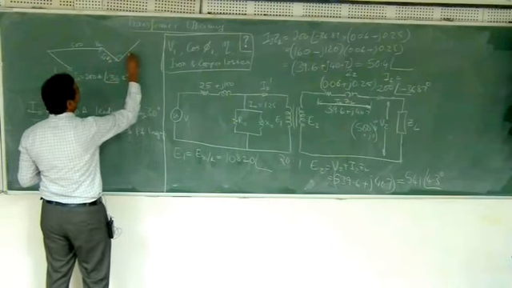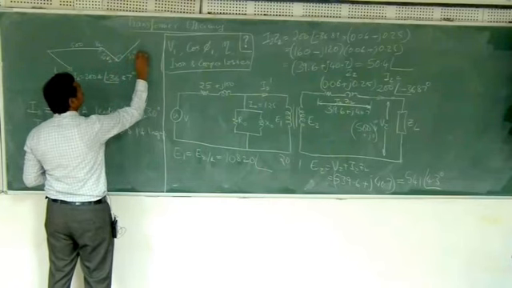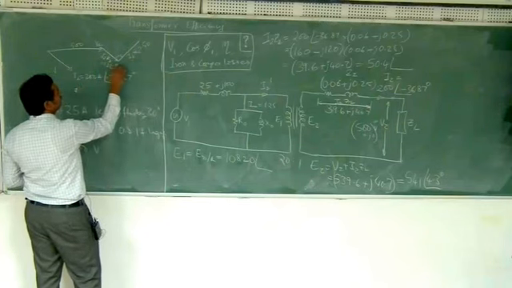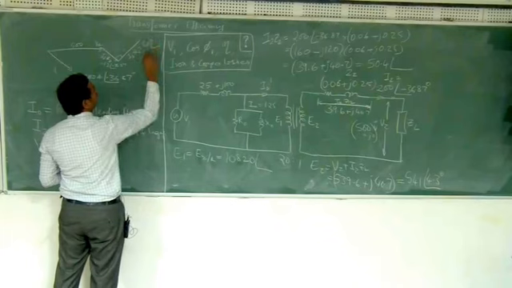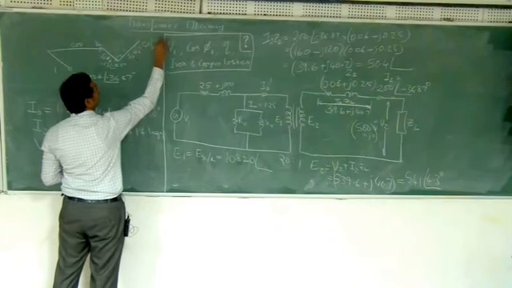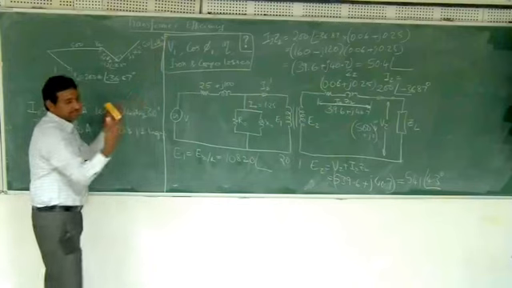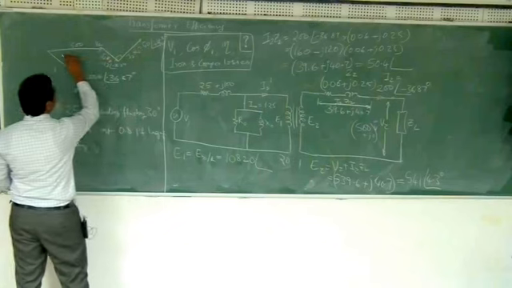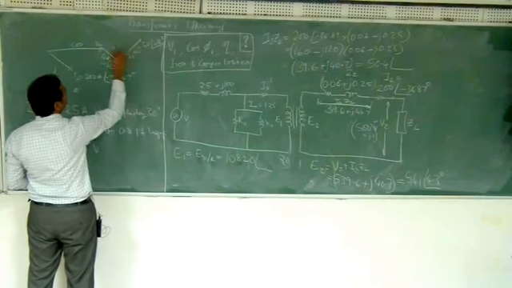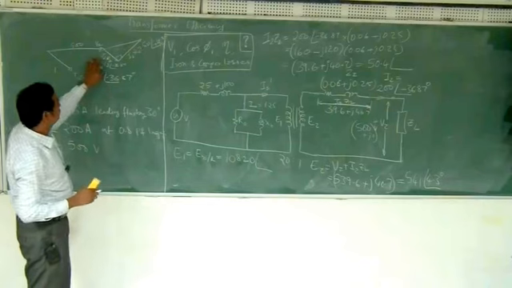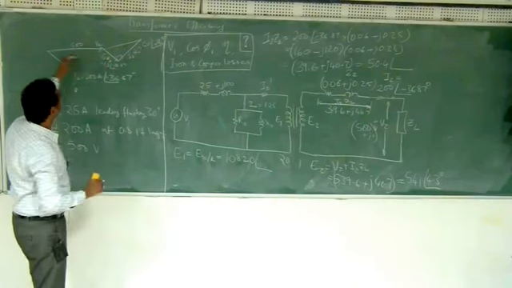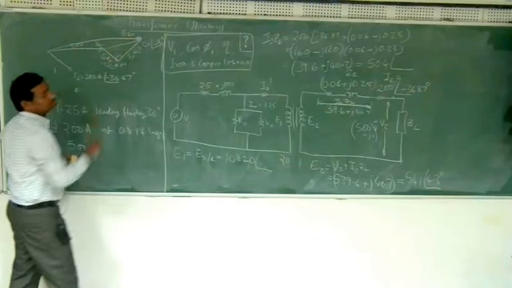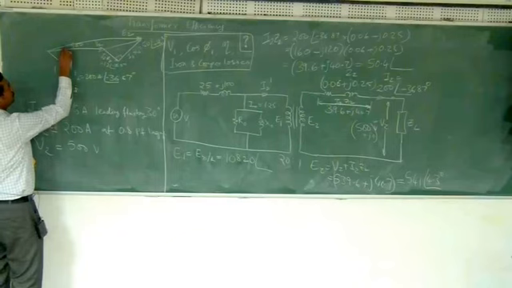So this is actually 50 and this is actually 12, and the angle is minus 36.87 plus 90. Now if you join these, V2 plus I2 R2 plus I2 X2, this quantity will be I2 Z2. Then V2 plus I2 Z2 will be the total E2.